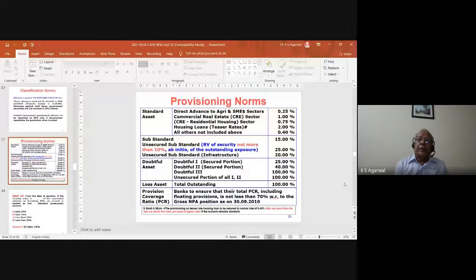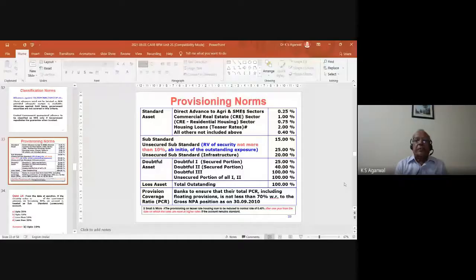So for the duration when the housing loan is given at a concessional rate, this loan will attract a provision of 2%. And the moment it is shifted to the normal rate, what will happen? If I shift this to the normal rate today, then I will watch its conduct for the next 12 months. It should continue to remain standard for 12 months. Till such time, I have to apply 2% provision.